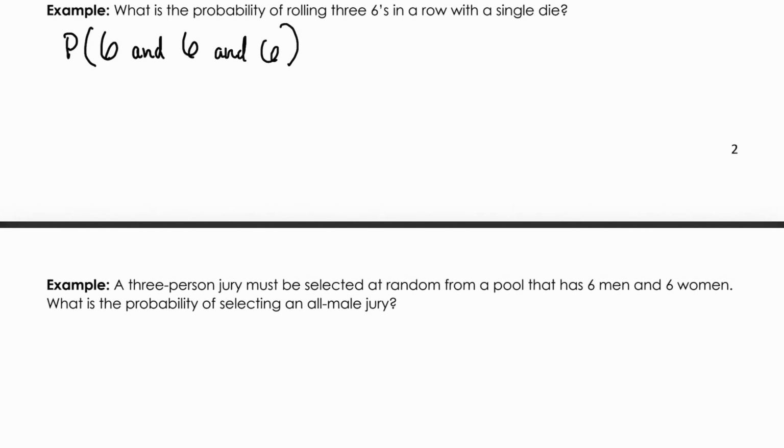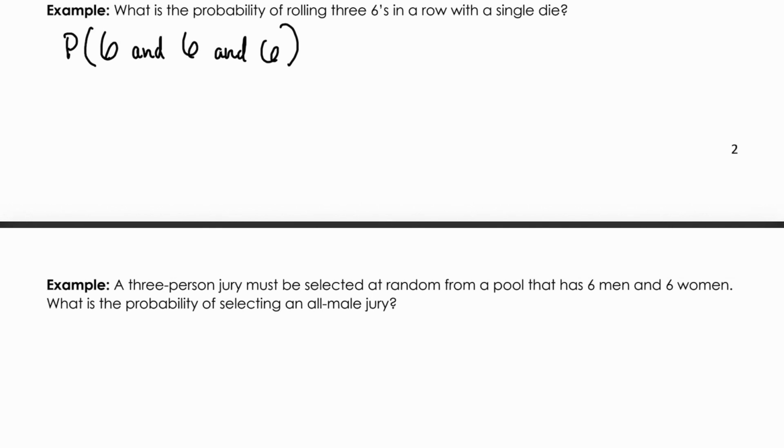Because we're using and statements here, the first thing we need to do is determine if these events are independent or dependent. We know we're going to have to multiply, but the question is, are we going to have to use the conditional probability, or are we just going to have to multiply the probability of the events together?